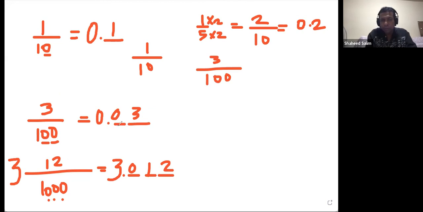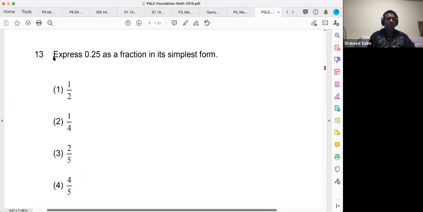If 2, put 2 zeros. 3, put 3 zeros. 12 on top, 3 at the side. So you try now. Then after that, you must reduce. After you do that, you have to reduce, then you get the answer.